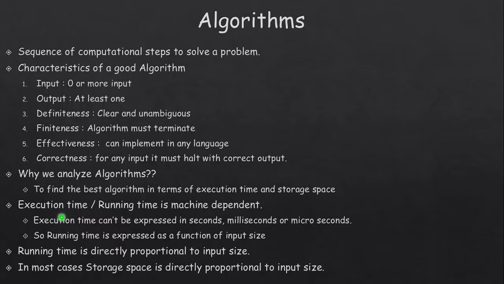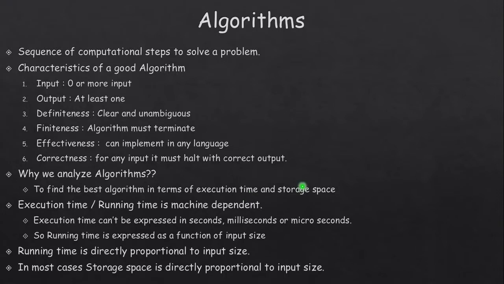So anyway, our subject is design and analysis of algorithms. So why do we analyze algorithms? We analyze algorithms to find the best algorithm in terms of execution time and storage space. What do you mean by execution time? The time taken to solve a problem. So always we go for less time algorithms. What do you mean by storage space?